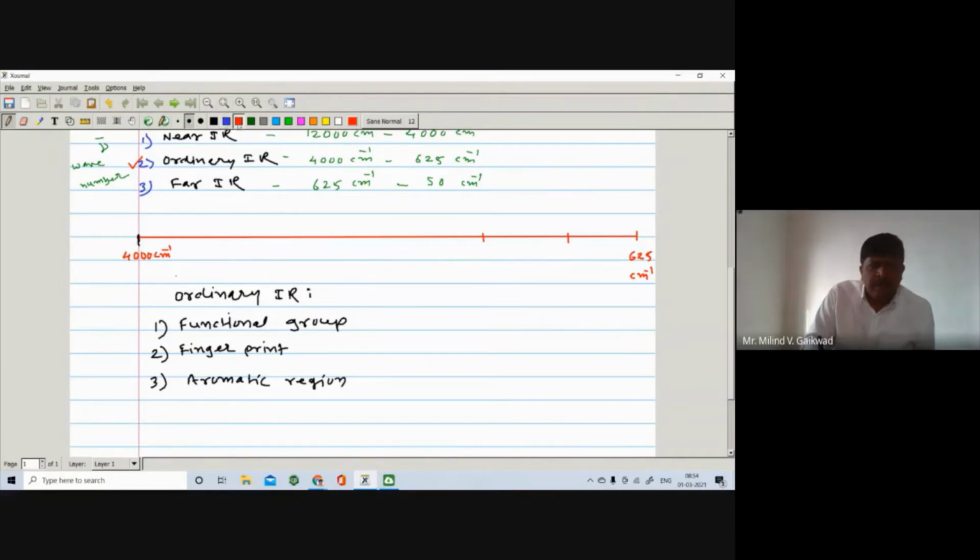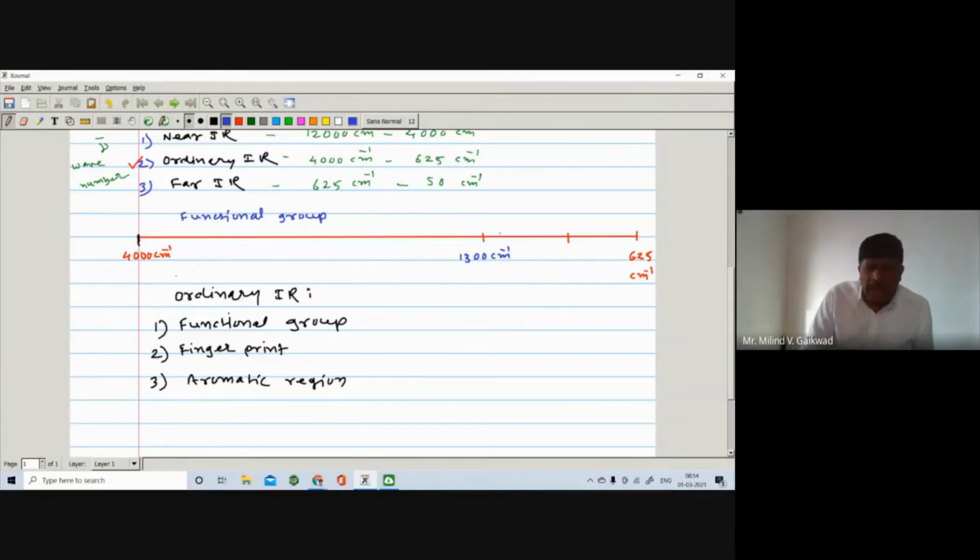It is divided into three parts. The first part is called the functional group region, and it starts from 4,000 to 1300 centimeter inverse.